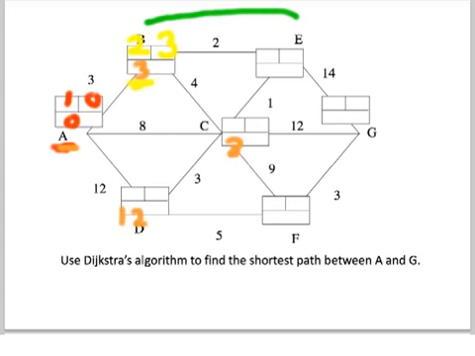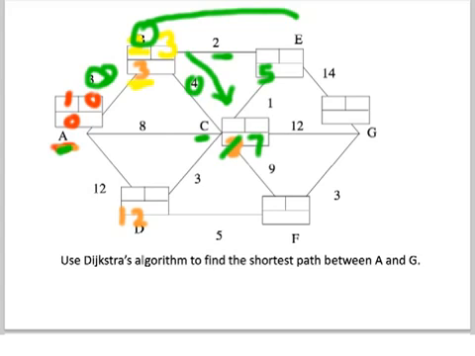Now the next step is we've made B permanent, so we look from B, we go up to E. Now the distance of E from A is 5. Now where does that come from? Well, it comes from that 3 there and that 2. And then we go from B, we're interested in what's the shortest path down to C. Now that's interesting because if we go from A to C but via B, it's 3 and it's 4, which is 7, which is actually shorter than the 8, so we cross out the 8, we put the 7.